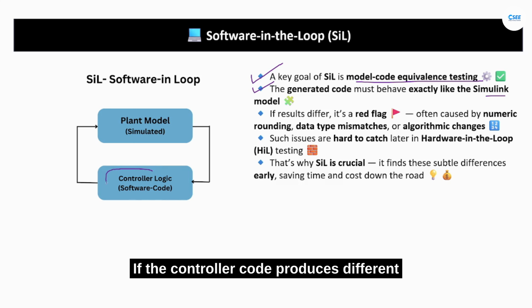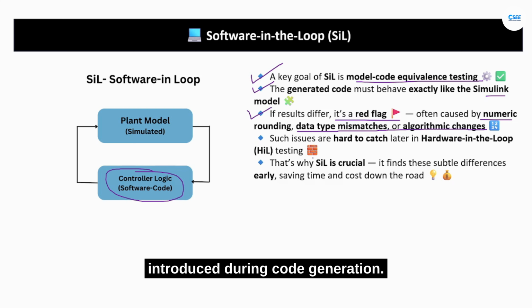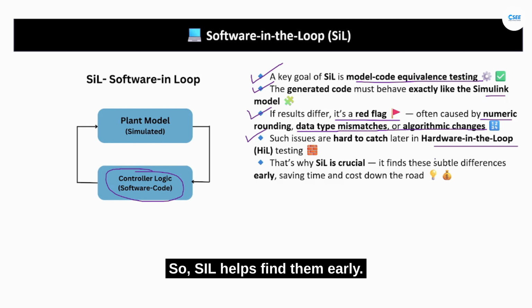If the controller code produces different results compared to the Simulink model, that's a red flag. Maybe due to numeric rounding, data type mismatches, or subtle algorithmic differences introduced during code generation. These are things you can't easily catch during later stages like hardware in the loop. So, SiL helps find them early.